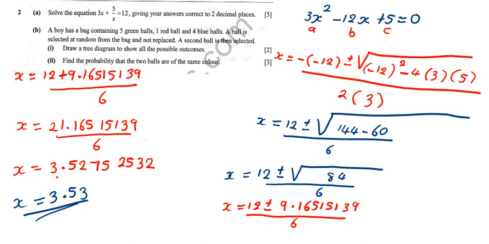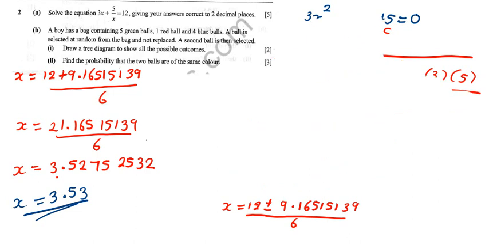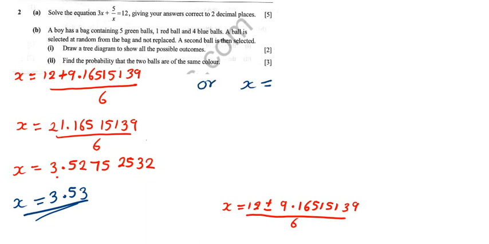So we got 10 for a positive. So now you can get that one for a negative. So getting for a negative, so we will say x is equal to 12 minus 9.165155139 over 6.